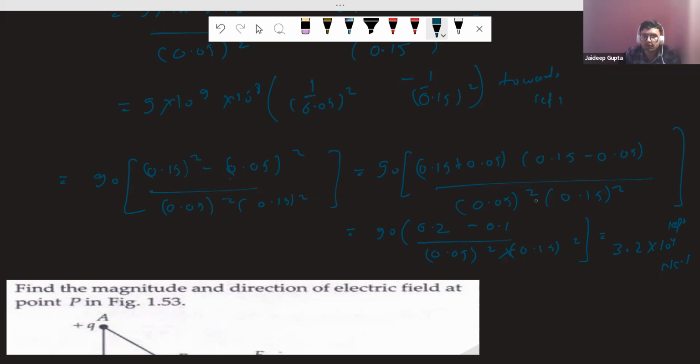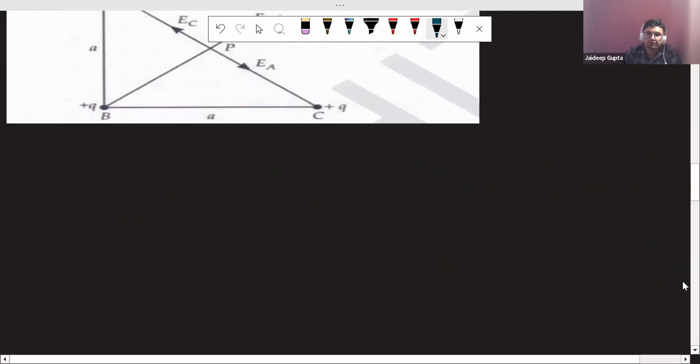Okay, answer is correct: 3.2 into 10 power 4 Newton per Coulomb towards left.